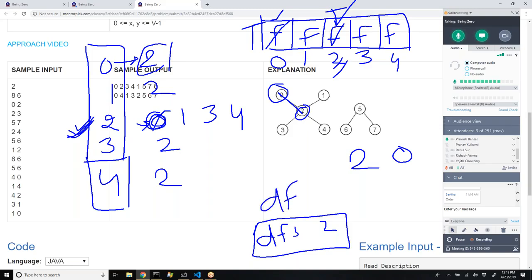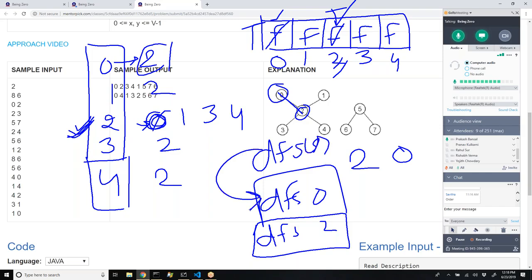So DFS of 0 made another call to DFS of 2, that call returned back immediately. Now 0 will look at what is the next adjacent vertex of 0. No other vertex. So 0 will say, hey, I'm done because I had only one child, that is done. It goes back to 2. 2 had a for loop.